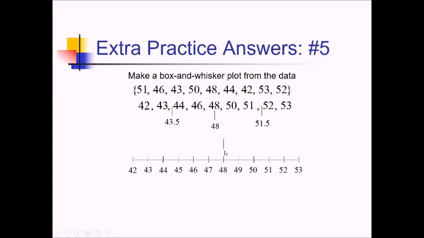Now my box is going to go from the lower to the upper median, so from 43.5, which is right here, all the way over here to 51.5. And now for my whiskers, we're going to go from the minimum at 42, which is over here, to the maximum at 53, which is all the way over here, and happens to take up my whole number line. So there's my box and whisker plot.